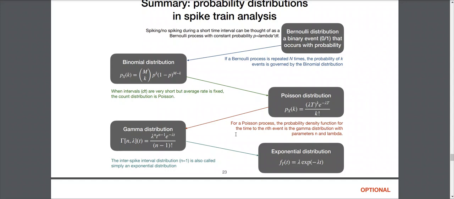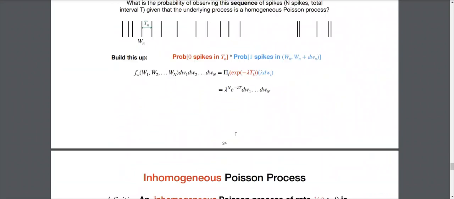But once we have the number of spikes for each trial, we have to know where to put those spikes along the timeline, and that can be described by the exponential inter-spike interval function.